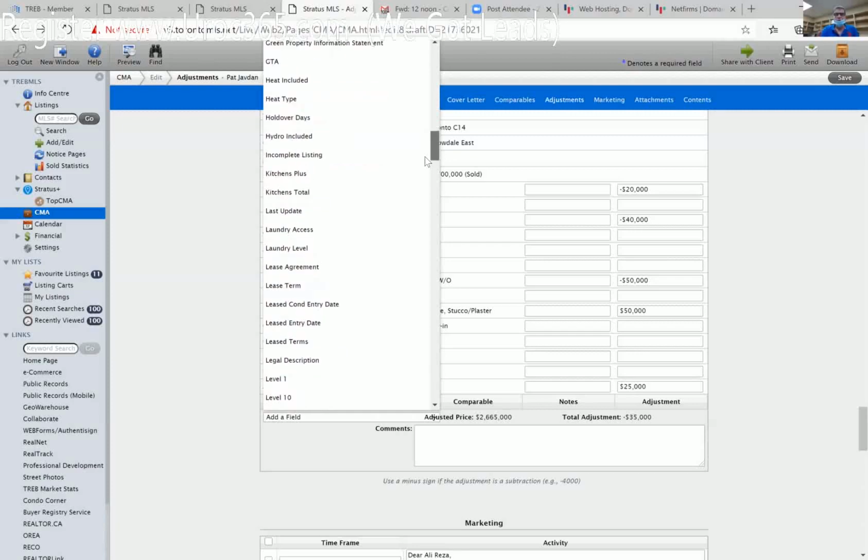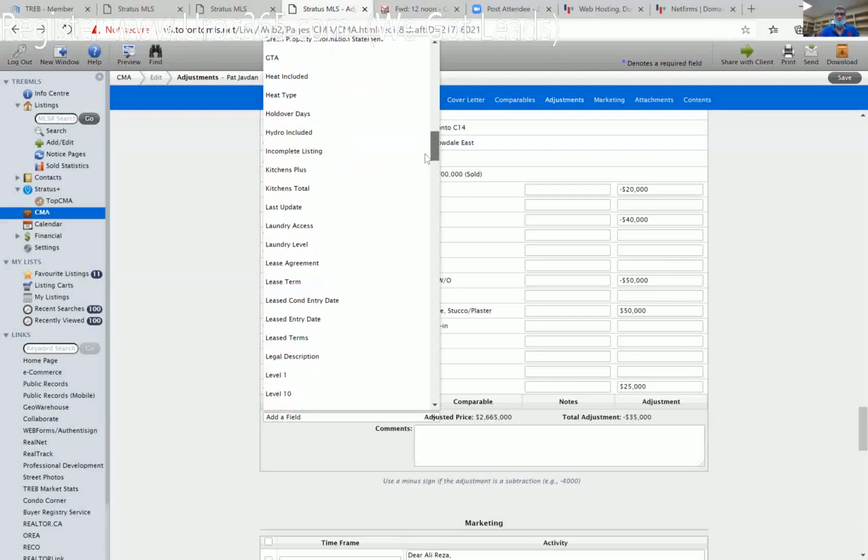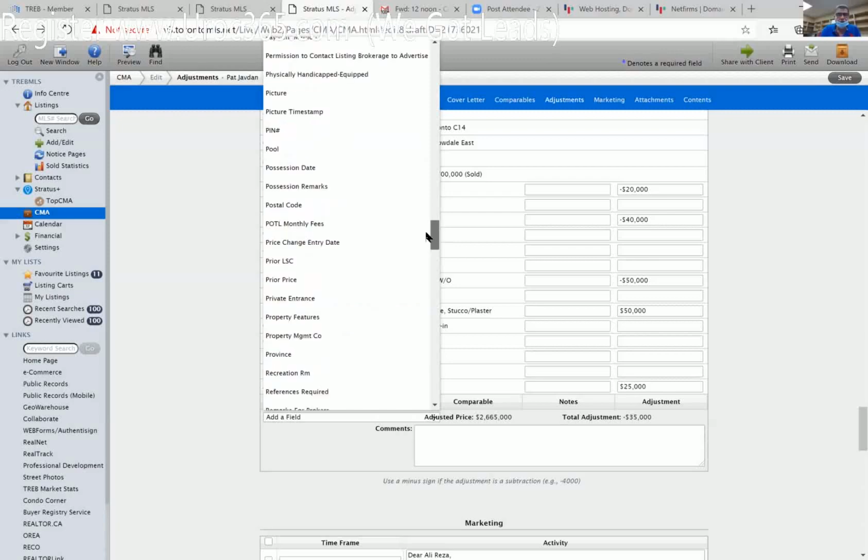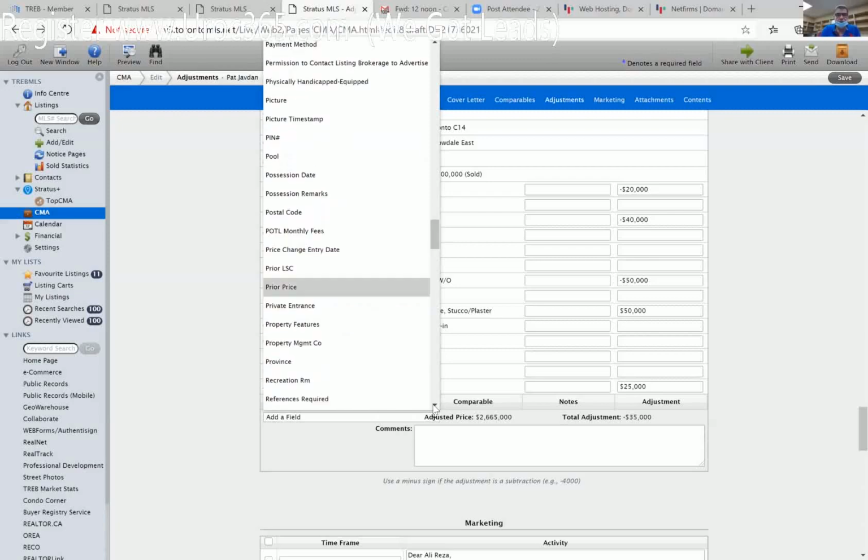Also we should consider the square footage. I'm talking about the square footage.